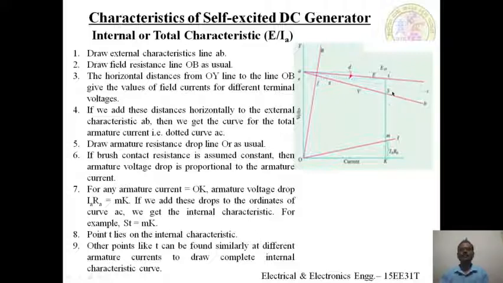Then draw the armature drop line OR, that is, the IARA line, again as usual.